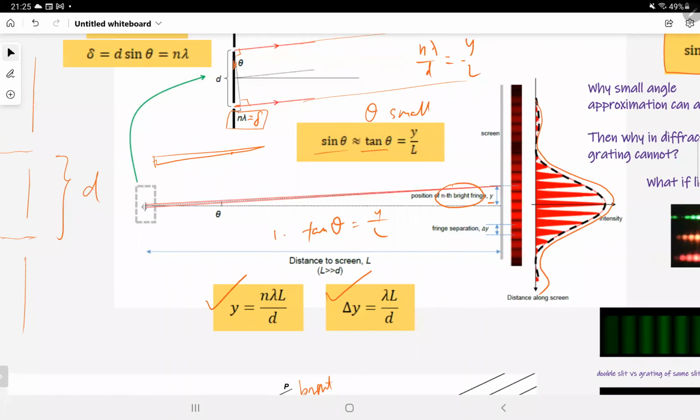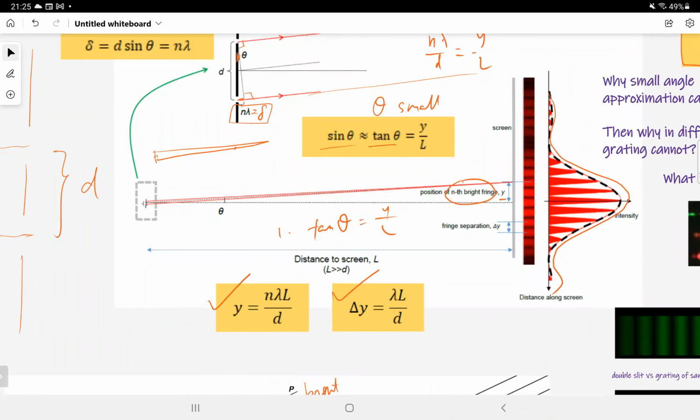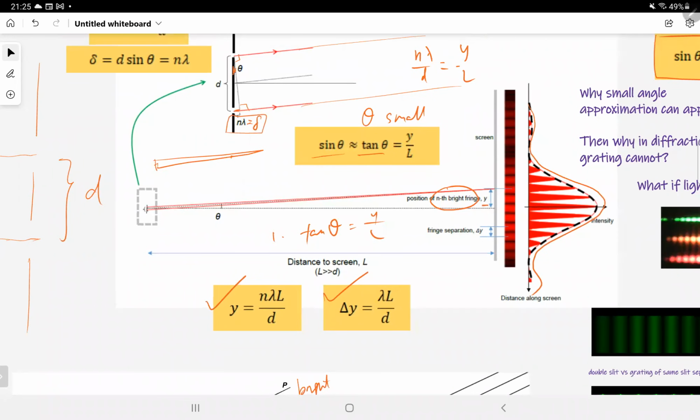This is affected by how big the slit size is, how big the opening is. Nothing to do with the d. It's everything to do with what we sometimes label as a. I think in most of your notes it's labeled as b. Doesn't matter.